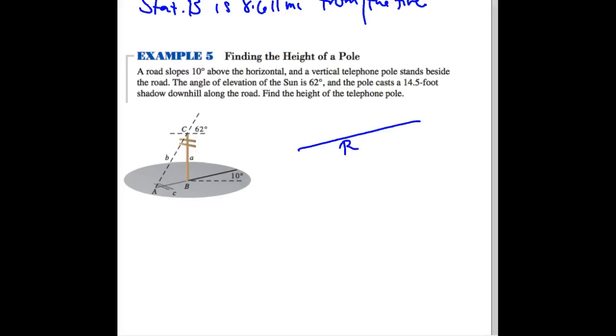if this is the road and the telephone pole is vertical, you don't have two 90-degree angles, right? It's offset. How big would this angle be? What was the angle of the road? 10. So we've used up 10 degrees, right? So this is only 80 degrees. This other angle has the full right angle plus the extra 10 degrees, right?